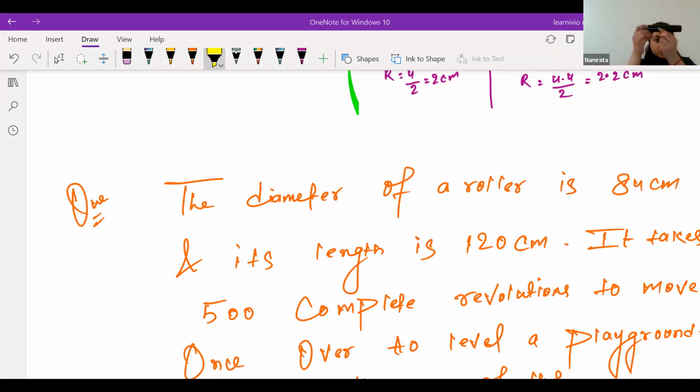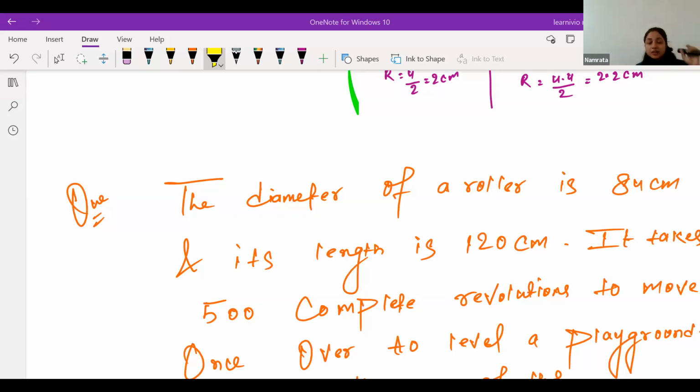So we are having a roller like this. Now if you roll it on any surface, can you see? We are just talking about the curved surface area. Not this area, not this area, only the curved surface area. When I am just rolling it on the ground, can you see it?